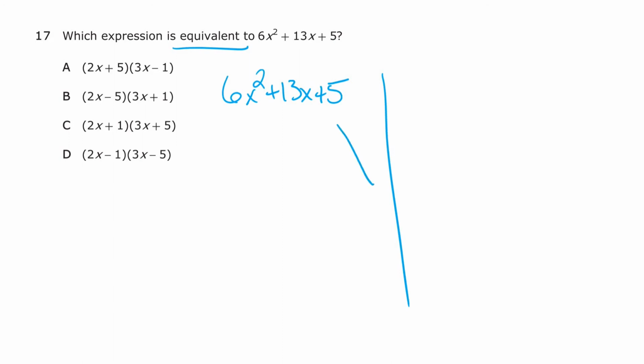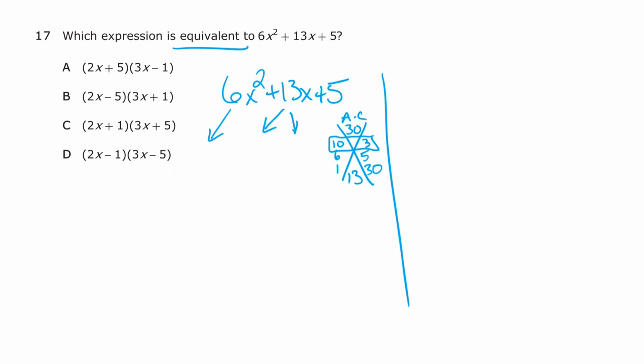So we could do our x puzzle, a times c, 6 times 5 would give us 30, the 13, the b term, goes on bottom, list our factors, 10 and 3, 6 and 5, 1 and 30. 10 and 3 would obviously add to give us 13 in addition to multiplying to give us 30. So that's the middle term that we break up.